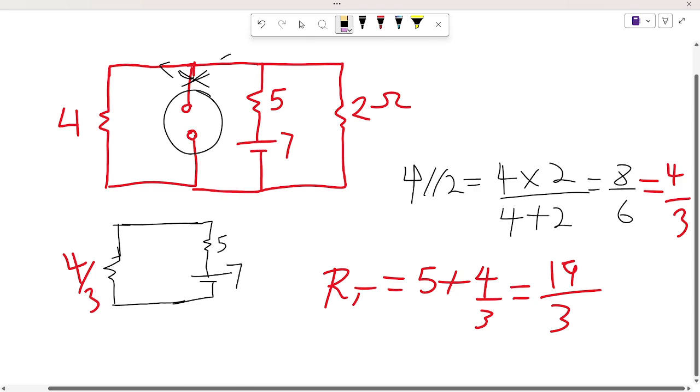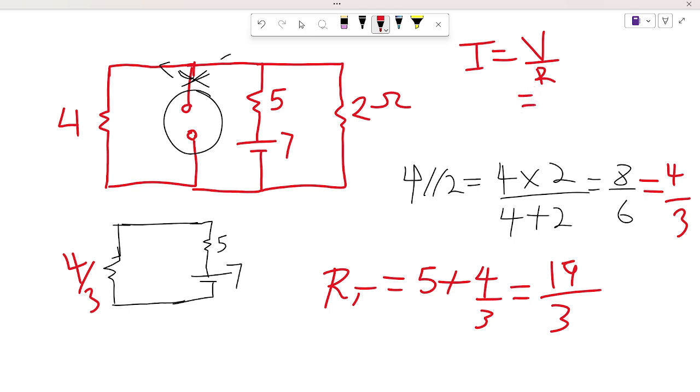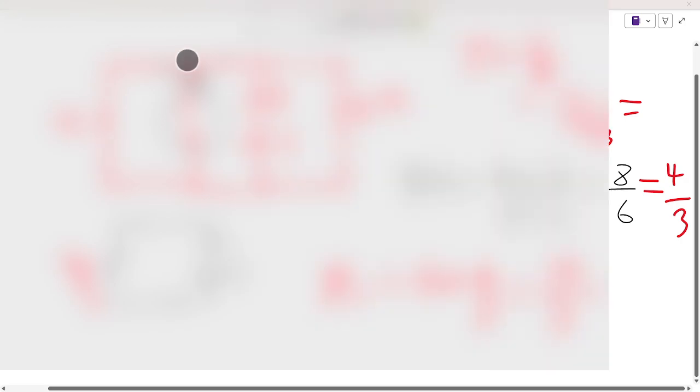So our I would have been equal to V over R, giving us 7 over 19 on 3 to give us our current. So that's if we had a case of an open circuit. Okay, so you can simplify to get the value for the current.